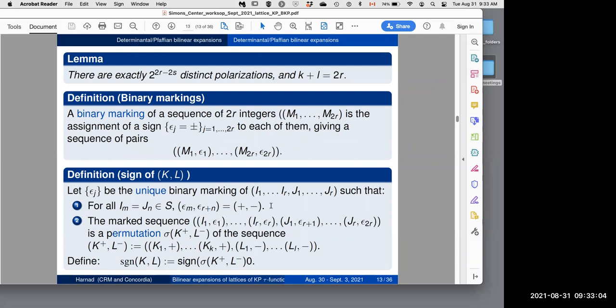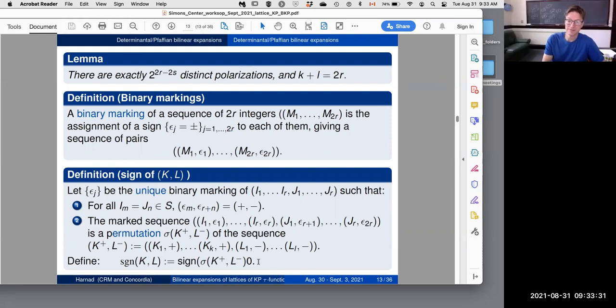So now we're going to use these signs to define a sign of KL as being the sign of the permutation K plus, L minus, because now this is a permutation of this. That's supposed to be the element which is marked with pluses on the left and minuses on the right.